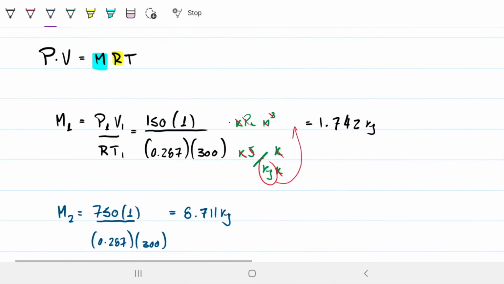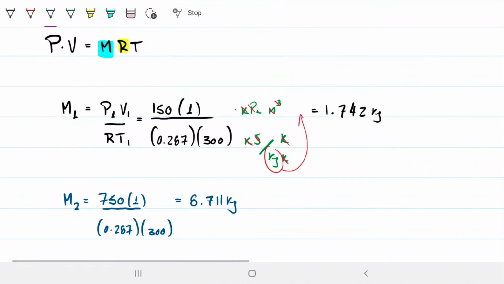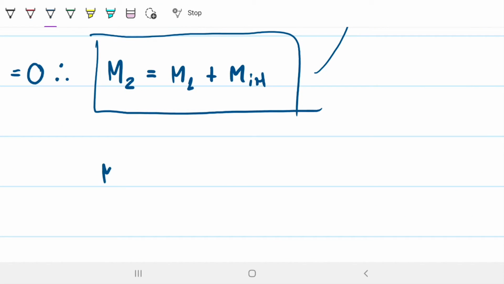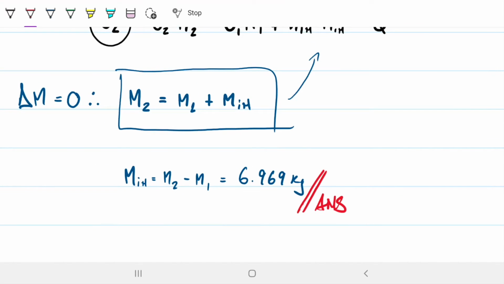And now from here, it's quite easy to solve the first part of the problem, which is how much mass went in, because if we have these two and we know this relationship, then my mass in is simply my mass 2 minus my mass 1, and that gives me precisely 6.969, sorry. You can approximate that to 6.97 if you wish. 100% okay. So that's the first part of the answer.